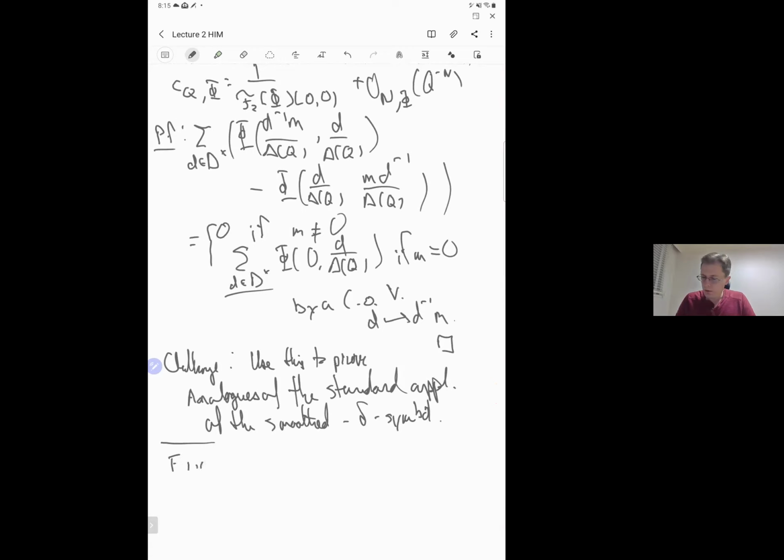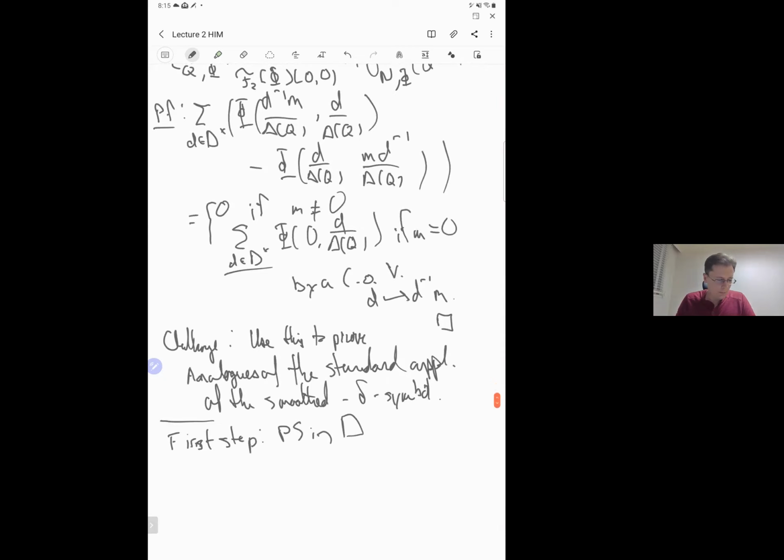So as a first step, I just want to make a few comments. Of course, you do Poisson summation in D. And let me make a comment about one thing that makes this interesting: what's the analog of Mellin inversion in this case?